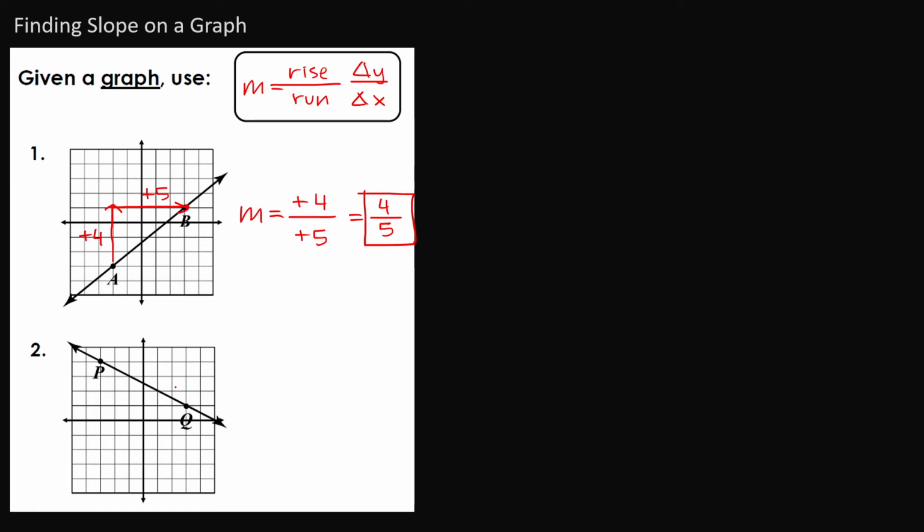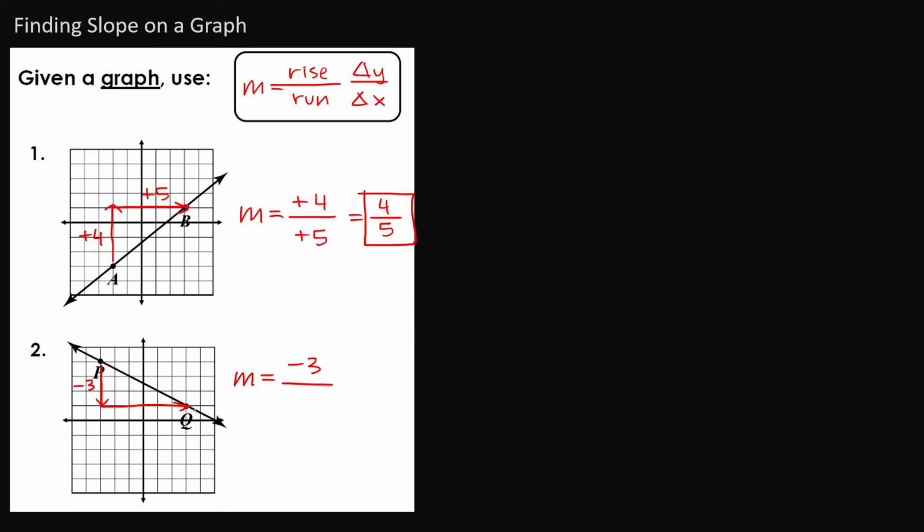Now looking at number 2, finding the slope of line PQ. I'm going to use my same method, rise over run. So I'm going to draw an arrow down to the level of point Q, from P to Q. And I notice that I moved down 3 units. If I'm moving down on the graph, that represents a negative change. The rise is -3. My run, my change left to right, I'm going to move from this arrow all the way over to point Q. If I count, I've got 1, 2, 3, 4, 5, 6.